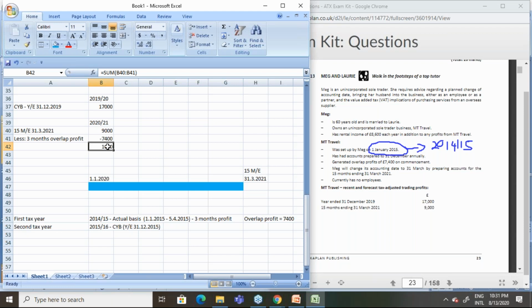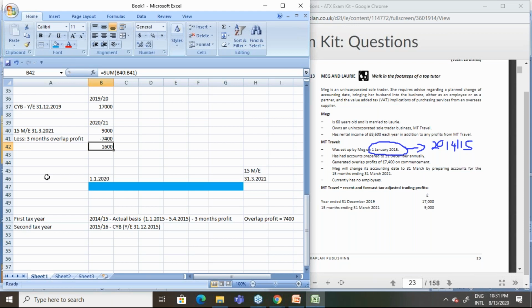And the other important thing is availability of trading loss reliefs. There are 5 reliefs: opening year relief, terminal loss relief, carry forward relief, relief against total income of the current year and or the previous year, relief against chargeable gains of the current year and or the previous year.